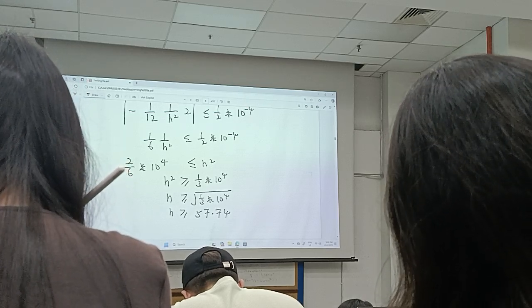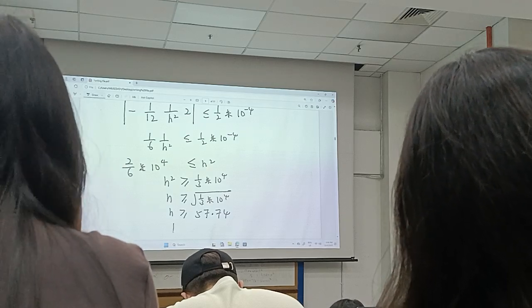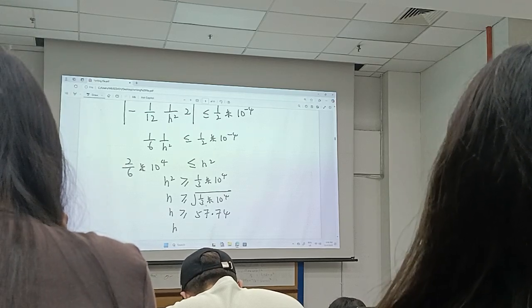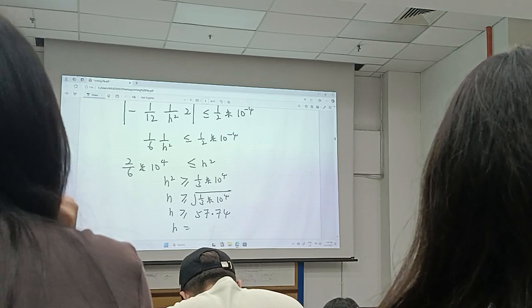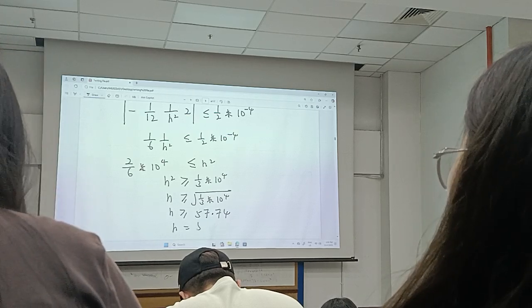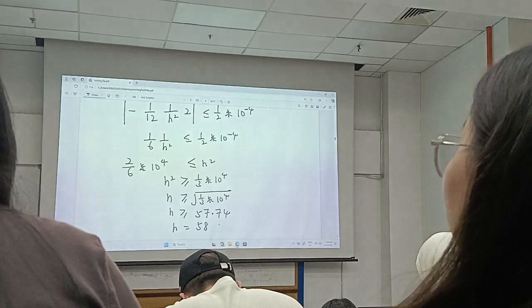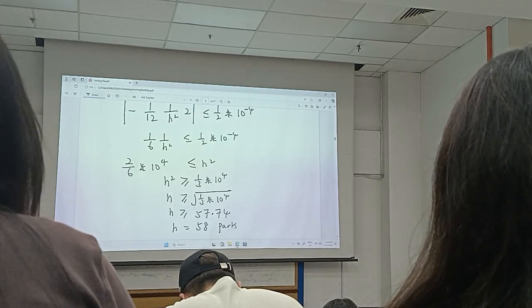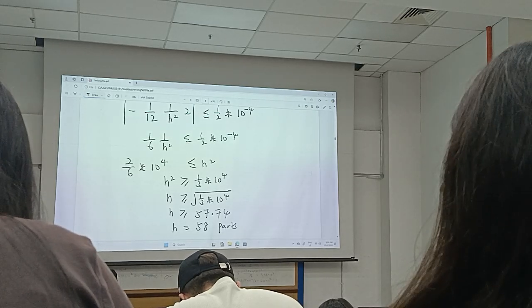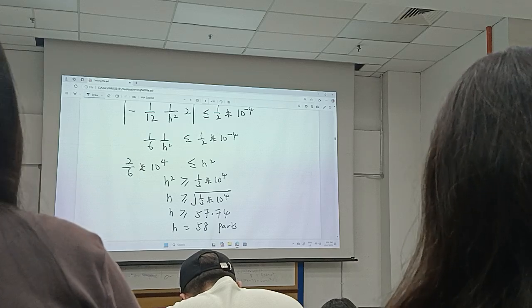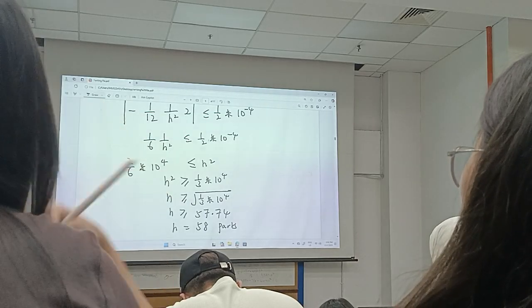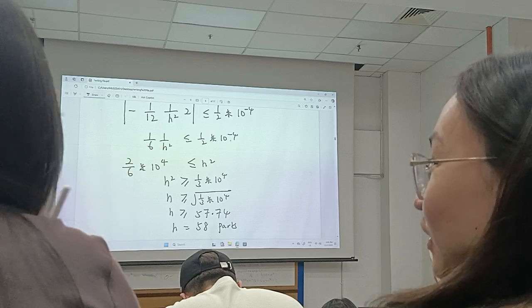Okay. So what should be the nearest integer for this? Yes, 58. So n equal to 58 parts. So when we divide into 58 parts, the error will be maximum at this value. Okay, 58 parts.